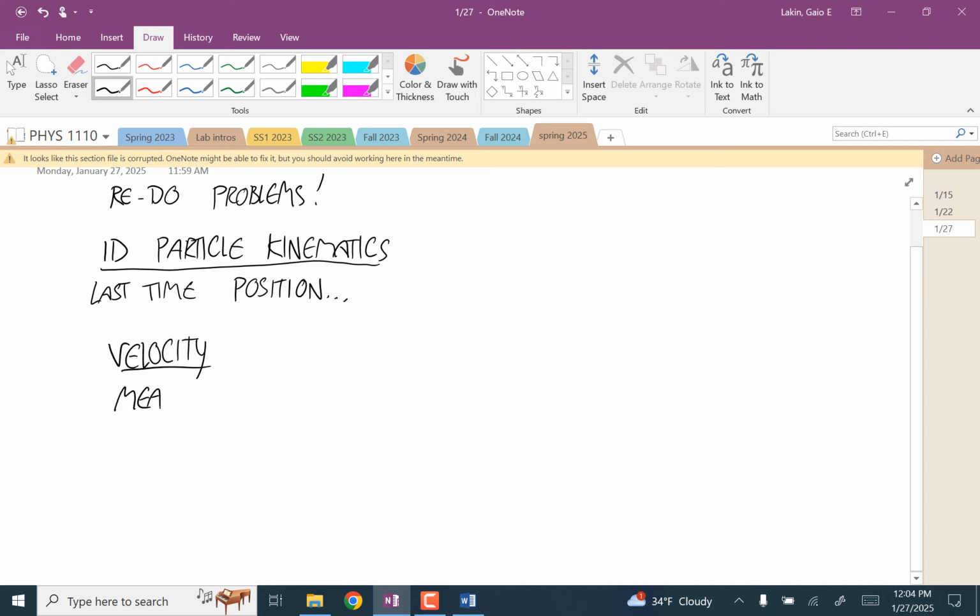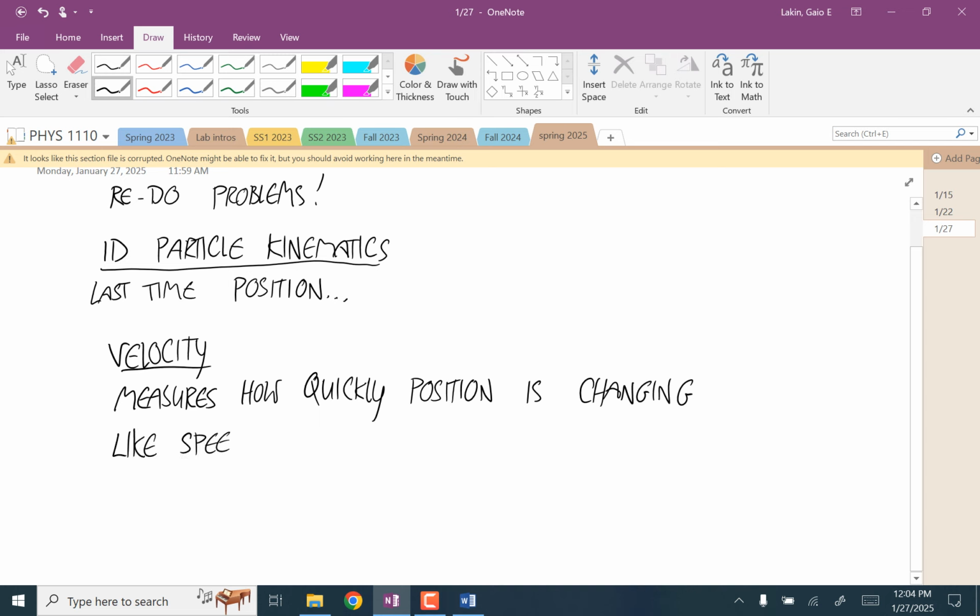Velocity is a measure, so it measures how quickly the position is changing. And it has, think of it as like a speed, but with direction attached.